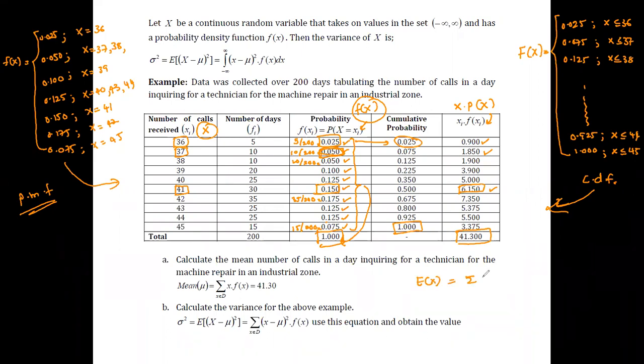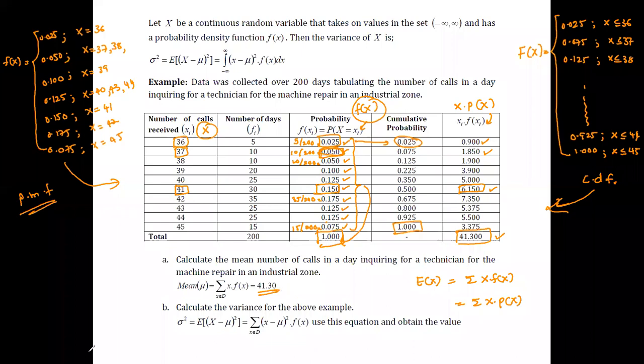This is obtained as the summation of x times f(x) or x times p(x). Then we can get the summation here. Here we can see that the value is equal to 41.300. That is why we are getting the mean value as 41.30.